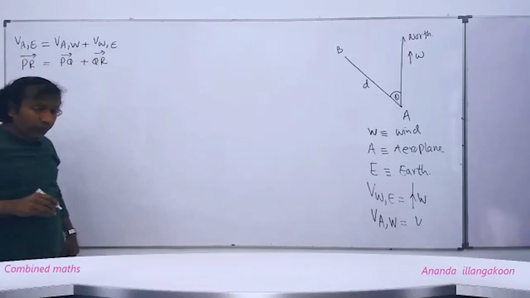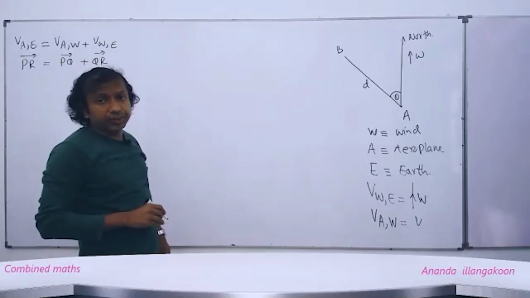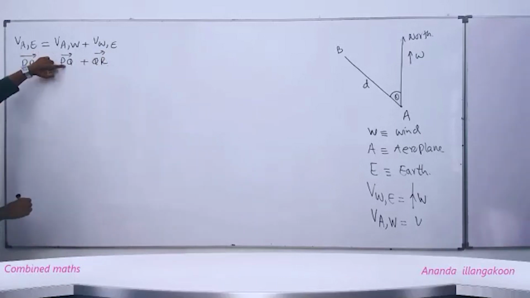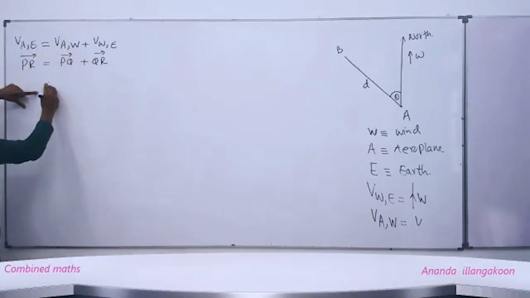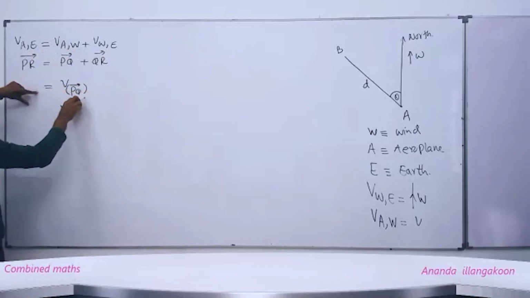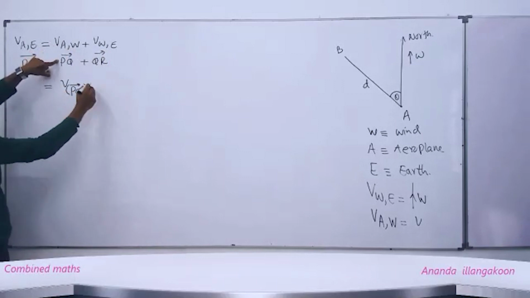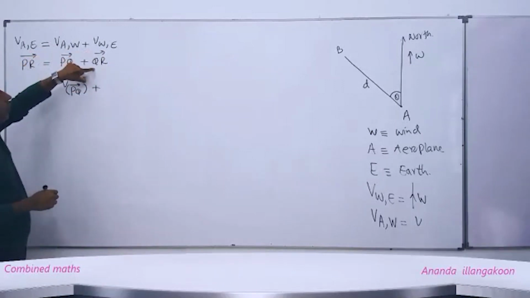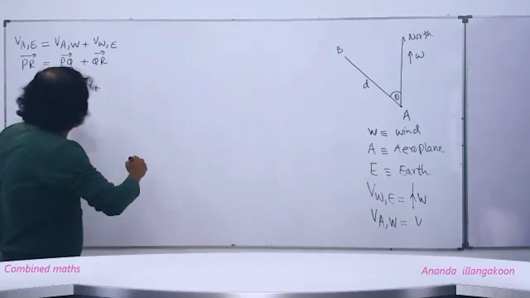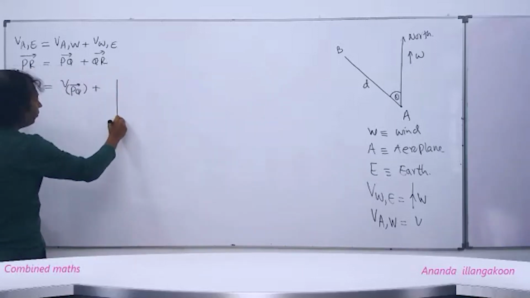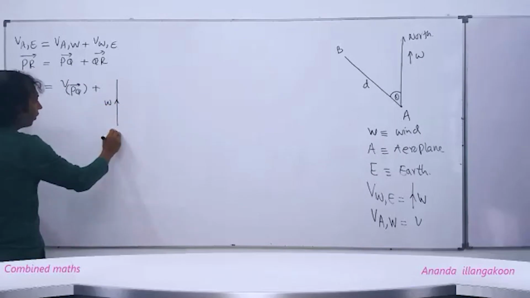Now mark this: PQ, velocity of the aeroplane relative to wind. It is V, but the direction is unknown. We write V, given by the vector PQ. QR, velocity of wind relative to Earth, is pointing due north, so this is W naught, QR.